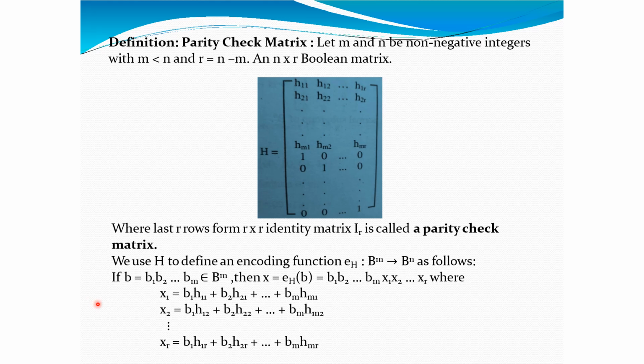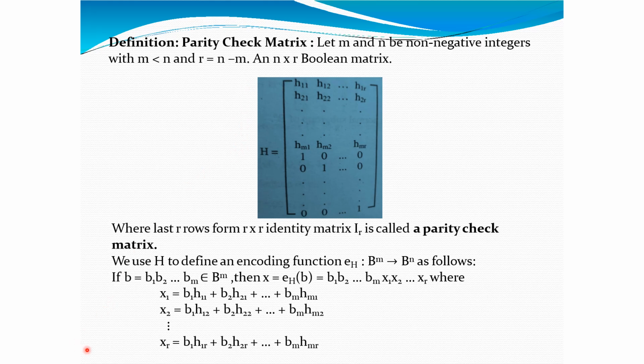x1 is equal to b1 H11 plus b2 H21 plus and so on bm Hm1, which is actually the row b1, b2, ..., bm multiplied by the first column of this matrix. Similarly, x2 is equal to b1 H12 plus b2 H22 plus and so on bm Hm2, which is the row multiplied by the second column of that matrix.